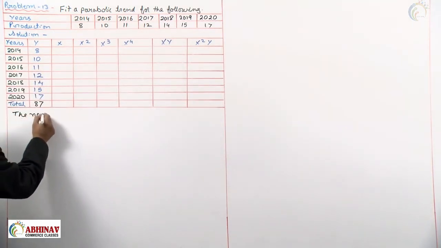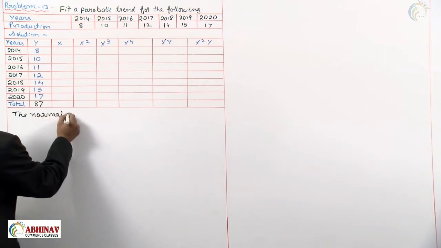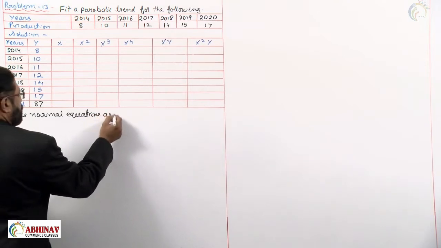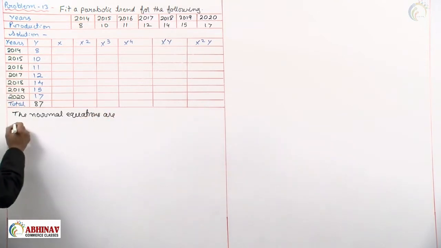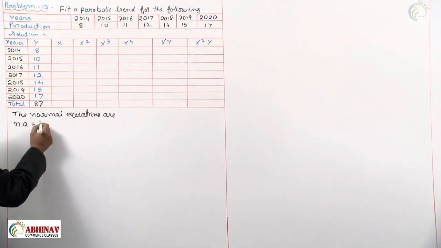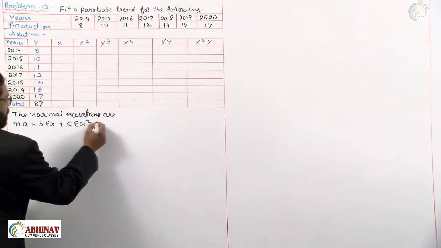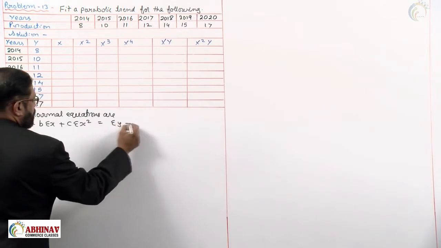The normal equations are, if you remember, the first one: na plus b into summation x plus c into summation x square is equal to summation y.